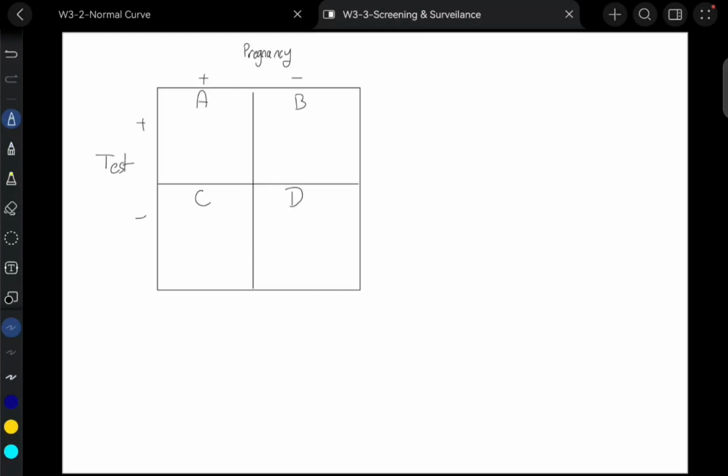Okay. Now, let's say we went to a hospital. The test is new and I'm testing the test, right? So I want to see the parameters of that test. So I go to the OB/GYN section, and I will take from there 10 pregnant ladies, for example.